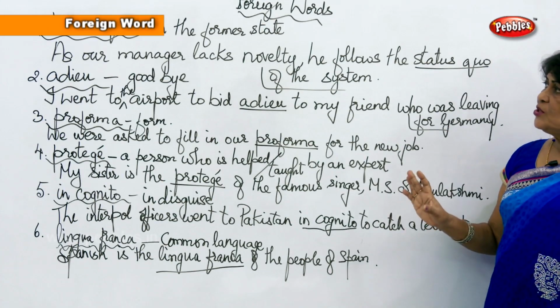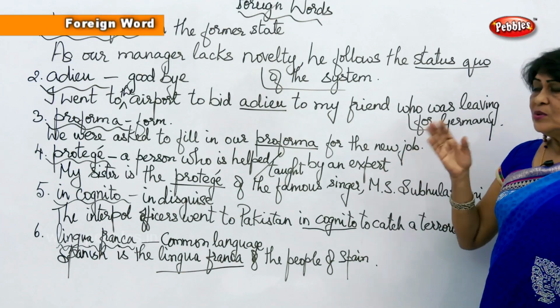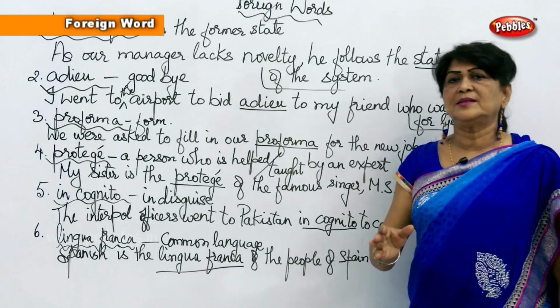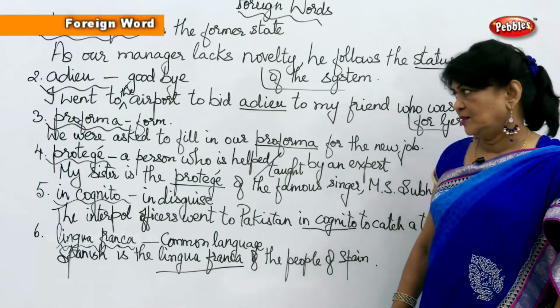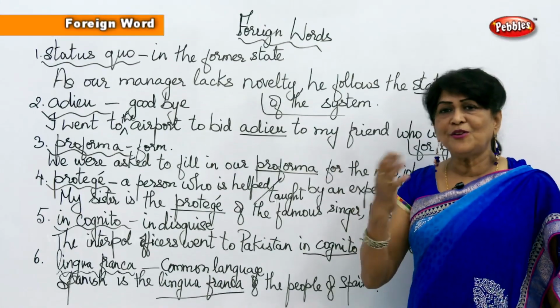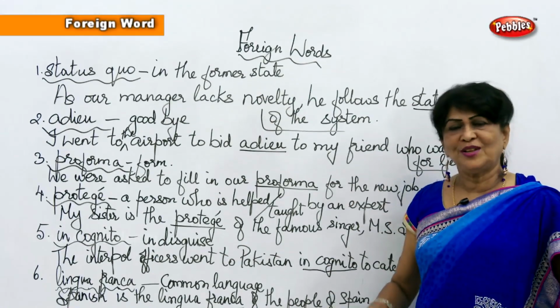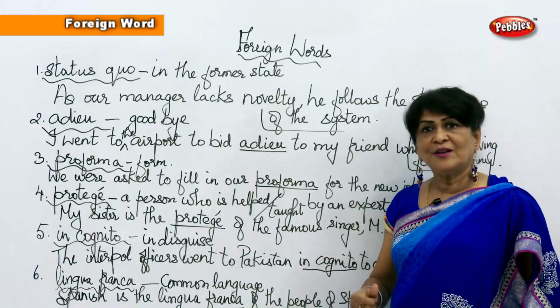So, have you understood the meaning of these foreign words now? You have to use them in your own sentences when you try out new sentences in English, okay? And people are going to really wonder, where did you learn to speak English so beautifully? That too, not only English words but also foreign words.